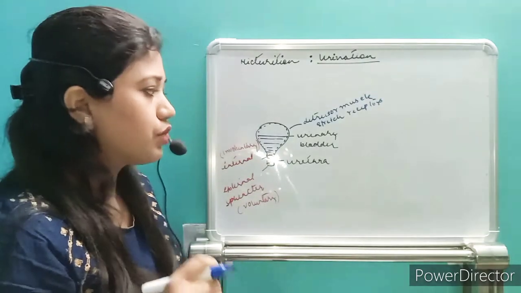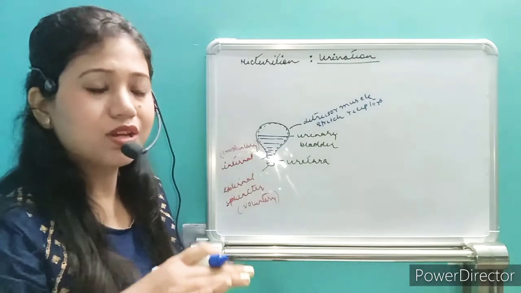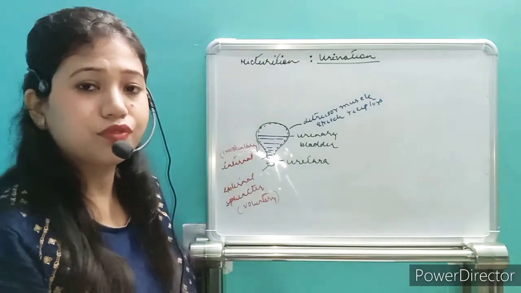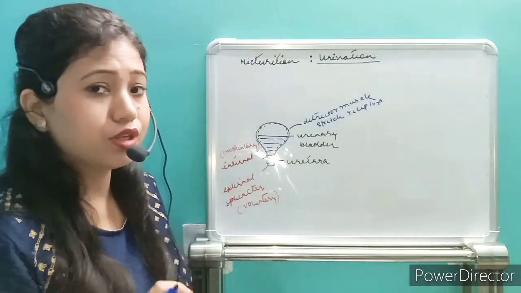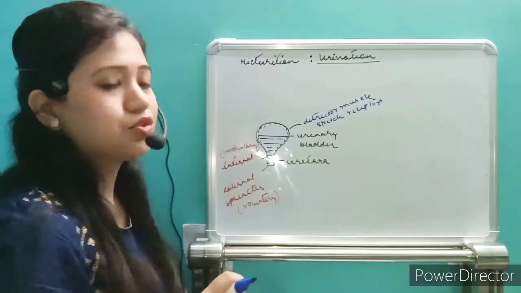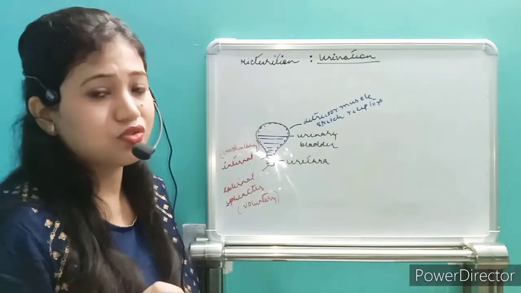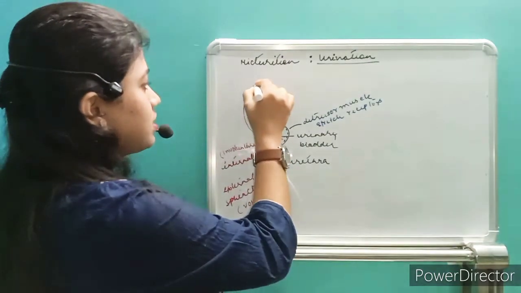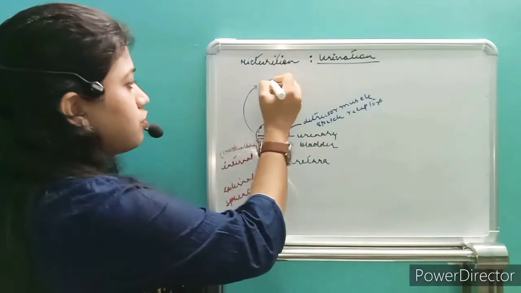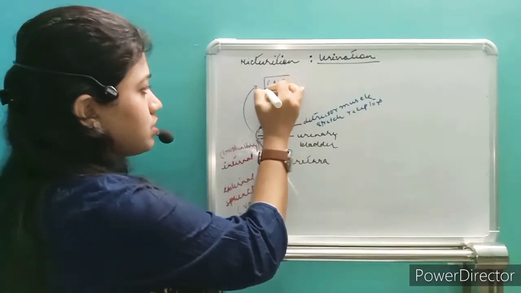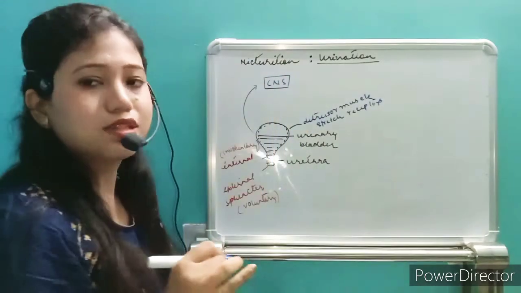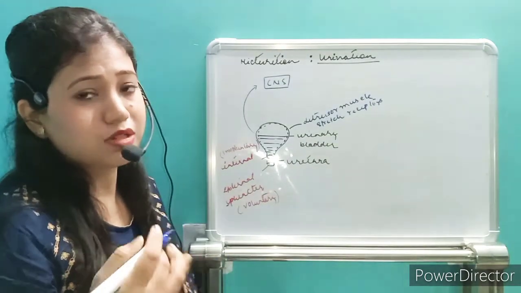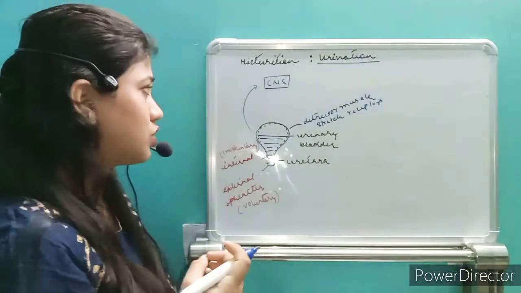But whenever the bladder is 1/3 filled, that means around half a liter of urine, the detrusor muscle and the stretch receptors get activated, and then they give a signal to the central nervous system.